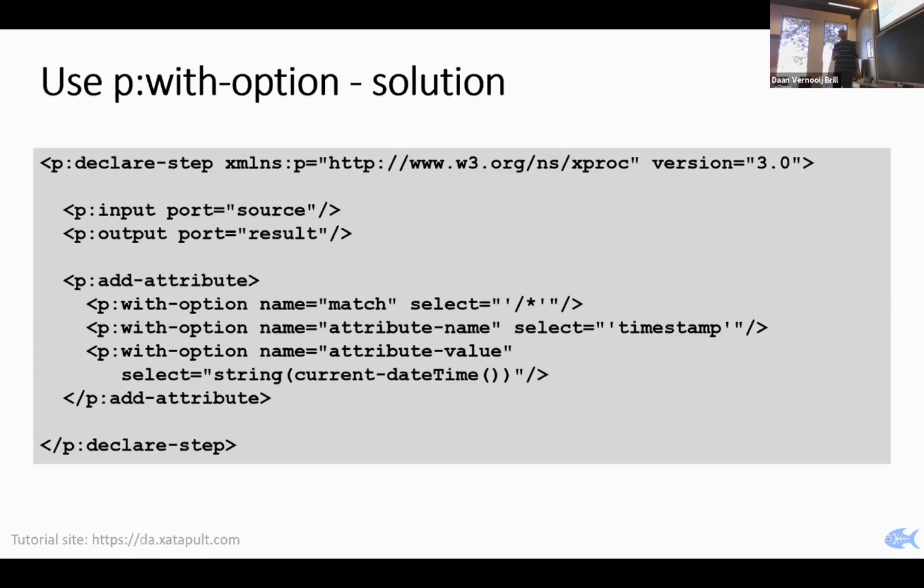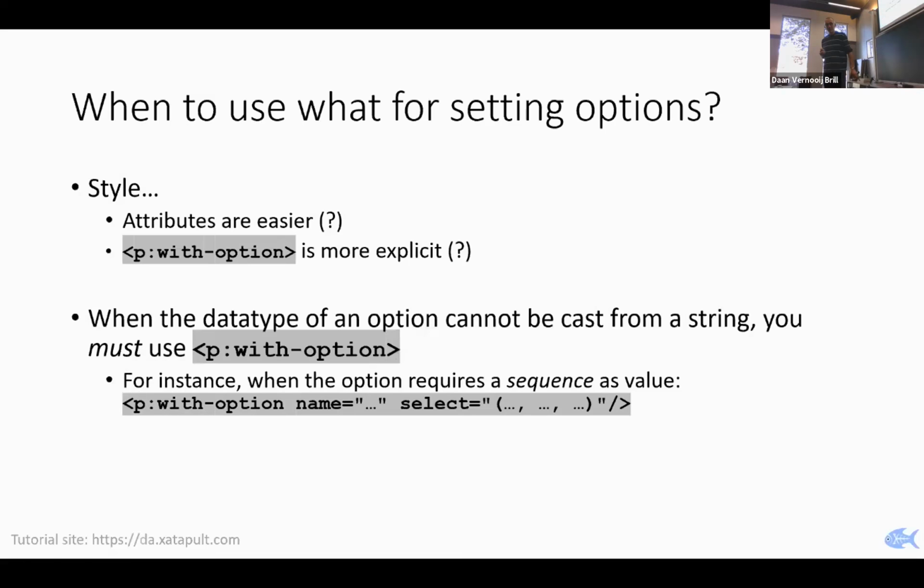All right. And now to the answer to the question. Norm already explained on the chat why you sometimes need p with option. I have my own sheet about it. Why would you want to do a p with option? Well, one of them is style. Some people prefer explicitly writing things the long way. P with option may be somewhat more explicit.